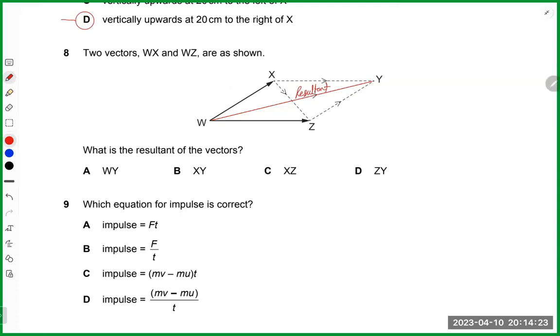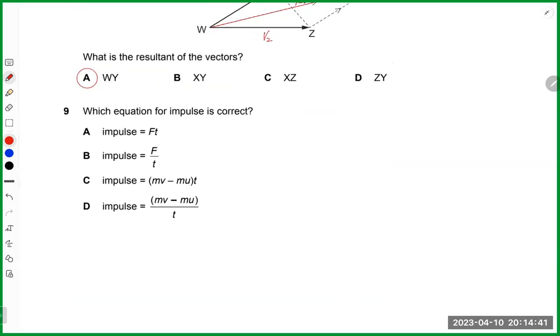For example, if this is vector 1, this is vector 2, and they both are doing something together, what direction will they be doing it in? Obviously, in direction WY. So the answer is A.